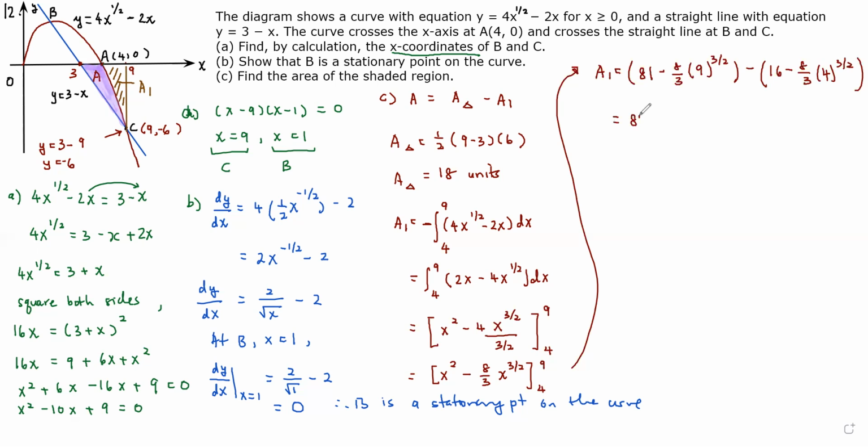So that is 81 minus 8 over 3 times 27, minus 16, and the two negatives will give us a positive. 2 to the 3 will give us 8. And finally, this is 43 over 3 square units.